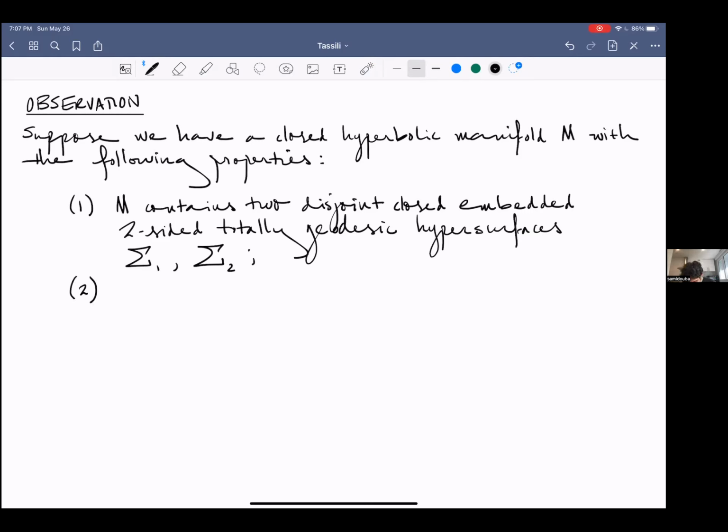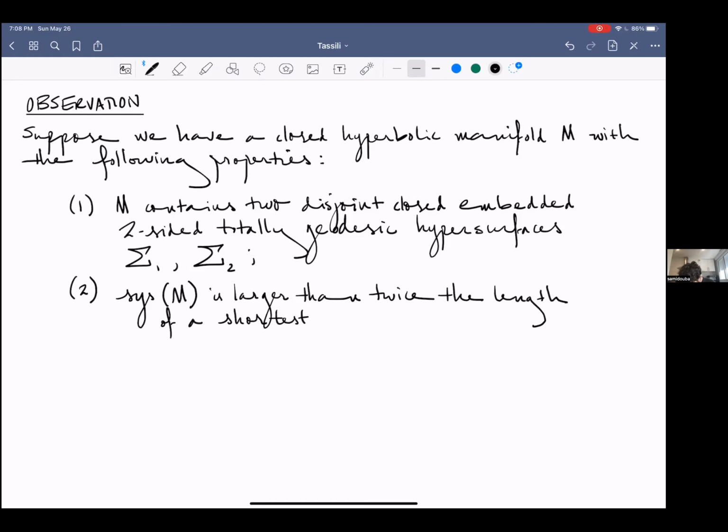And suppose that the systole of M is larger than twice the length of a shortest orthogeodesic segment in M. Maybe I should give it a name.